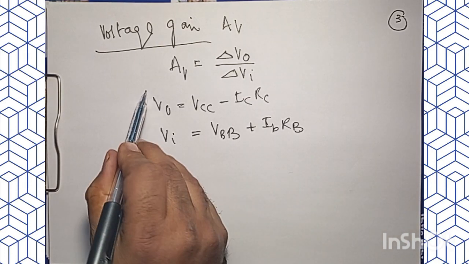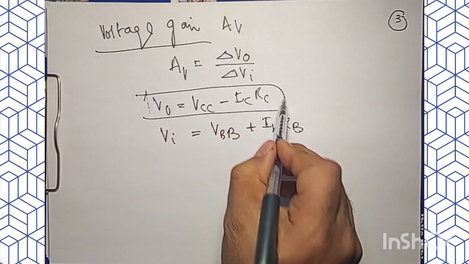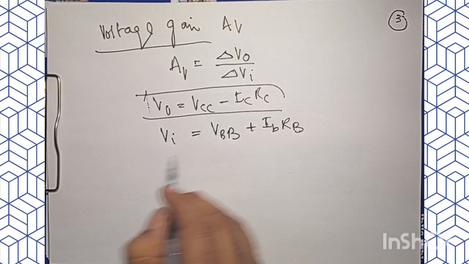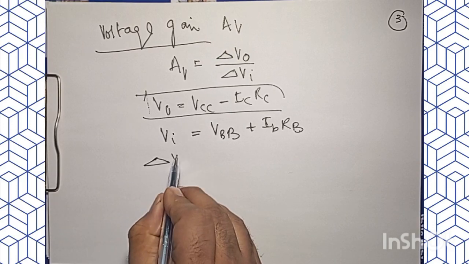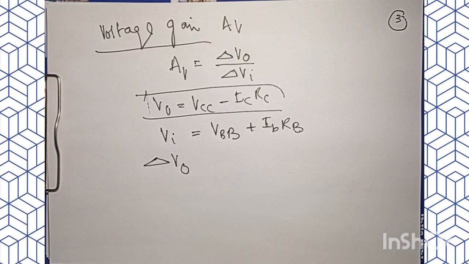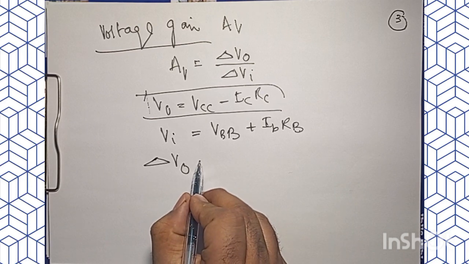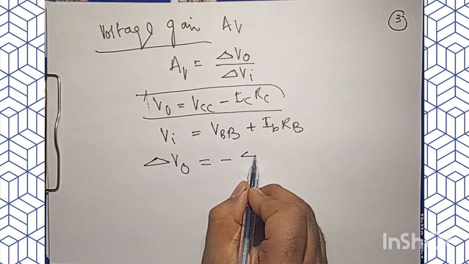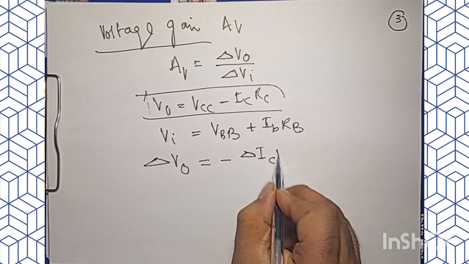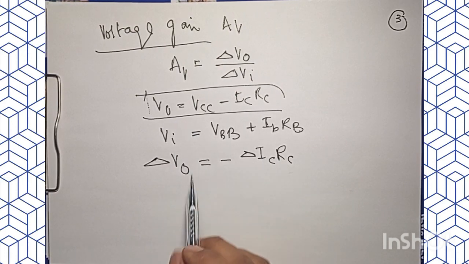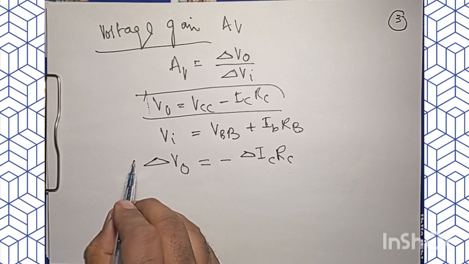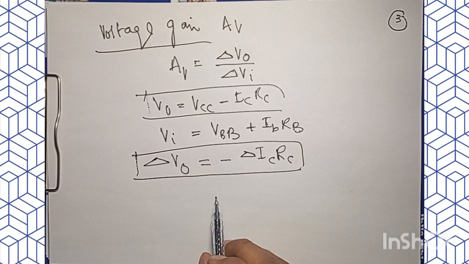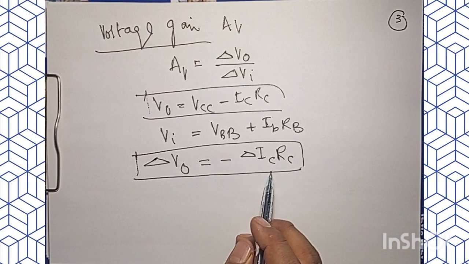Now if I look for the change here, if I calculate the small change in the output, what I am going to get is minus delta IC RC. Since this VCC is constant, its delta will certainly give us 0. So delta V out will be minus delta IC RC.